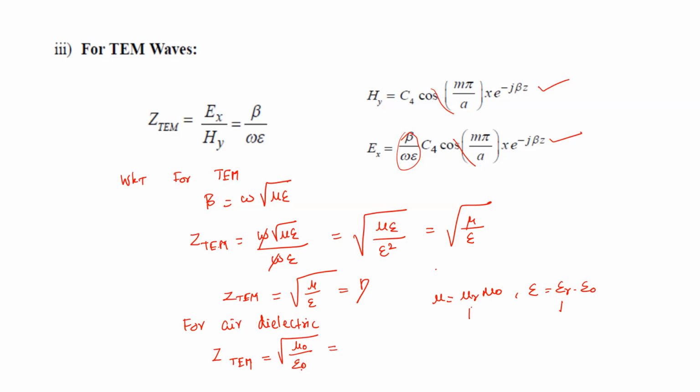Now, mu naught and epsilon naught are constants, right? If we substitute the values of these two constants, this simplifies to 120 pi, which is approximately equal to 377 ohms. So the characteristic wave impedance for a TEM wave is approximately 377 ohms for an air dielectric. Otherwise, we can say it is equal to eta. Thank you.